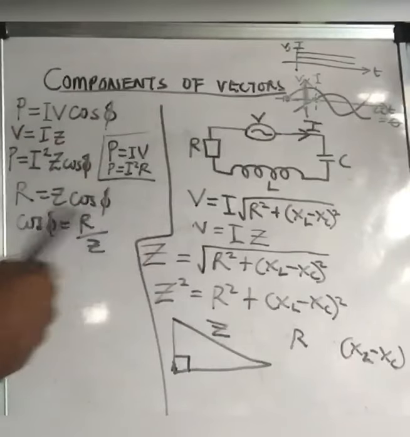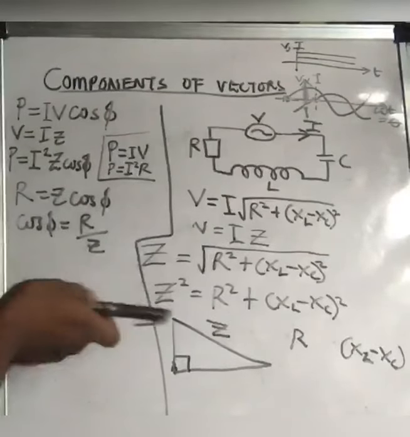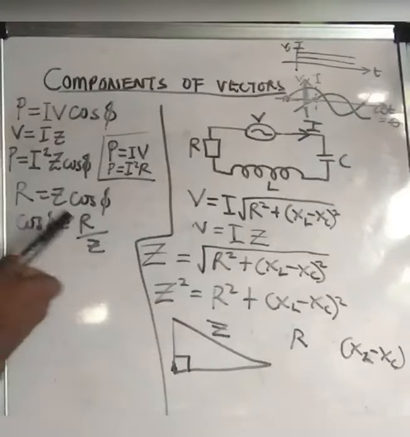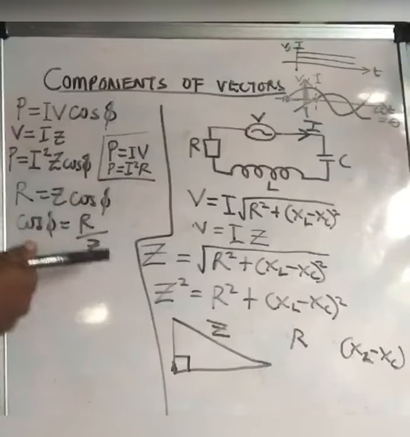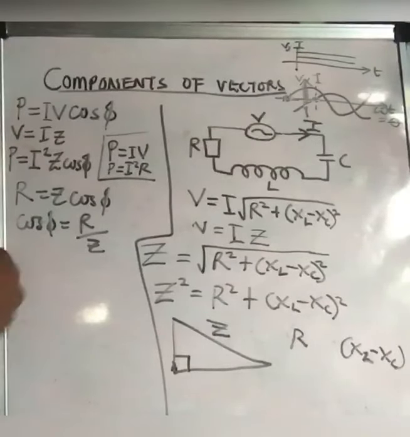From our trigonometric ratios, SOHCAHTOA, cos of an angle is equal to the adjacent to the angle divided by the hypotenuse.